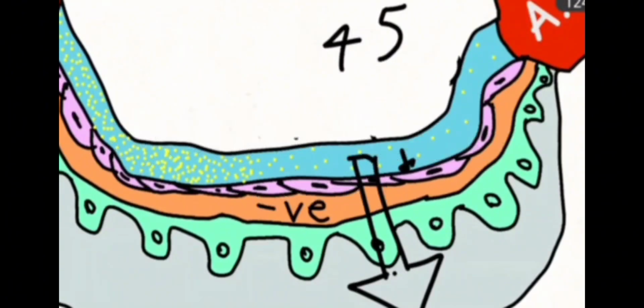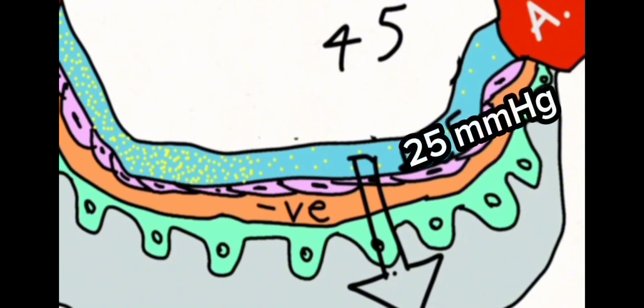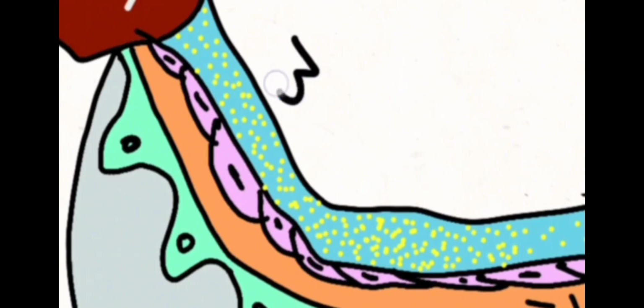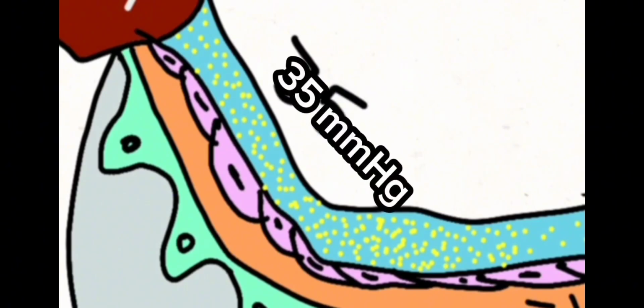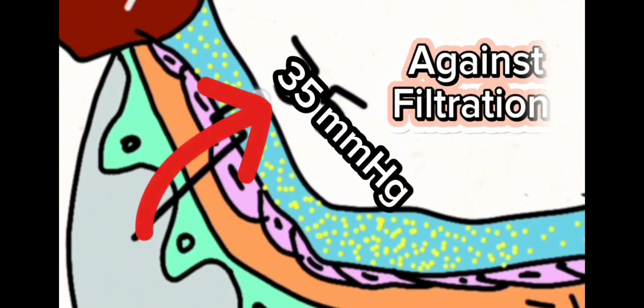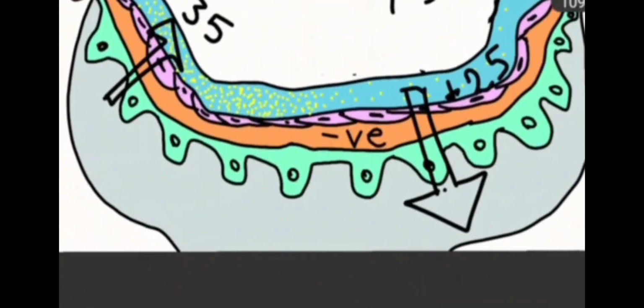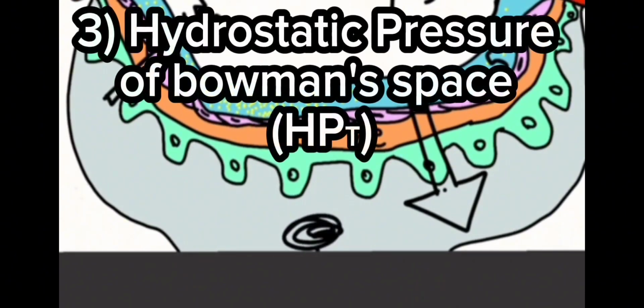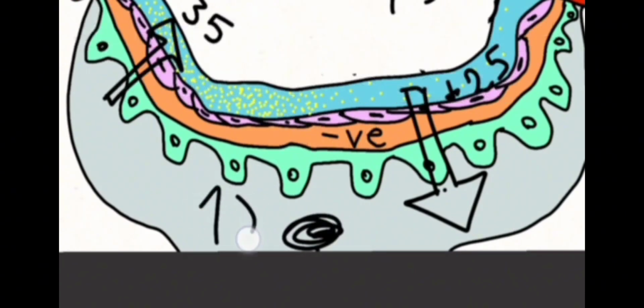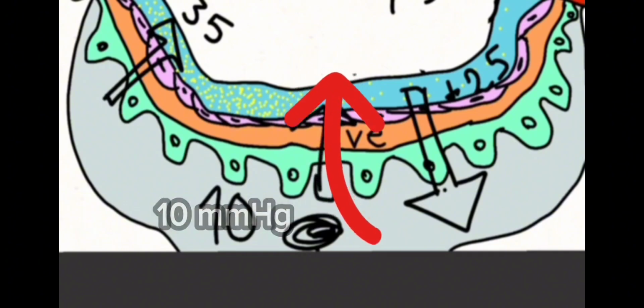As we mentioned earlier, near the afferent arteriolar side, it's about 25, and it's about 35 mm mercury on the efferent arteriolar side. And since it pulls water back into the capillaries, it opposes filtration. Then we have the hydrostatic pressure of Bowman's space, which is about 10, and again that opposes filtration.